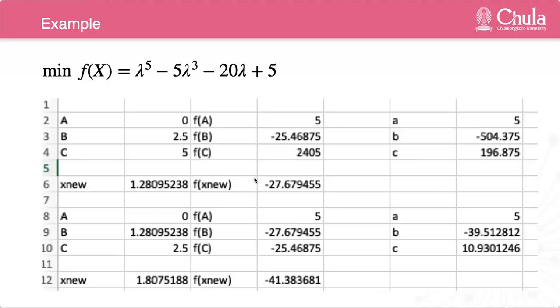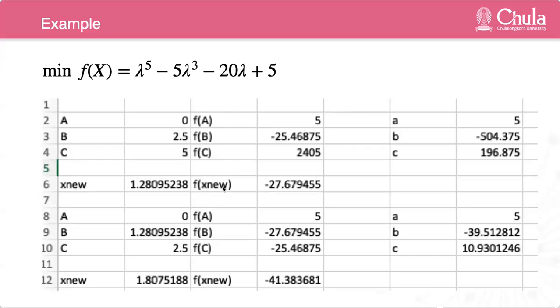Once we obtain the point, again we need 3 points, right? We know that the new point is 1.28 something here. So we can select A, B from the previous iteration, and introduce the new point here. So you don't have to re-evaluate the objective function at A and B, at 0 and 2.5, again.